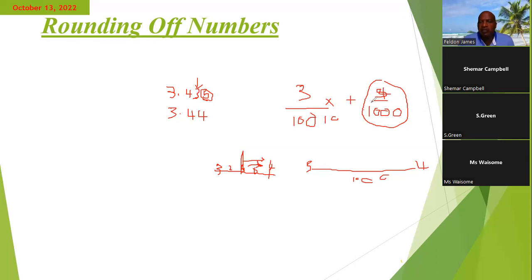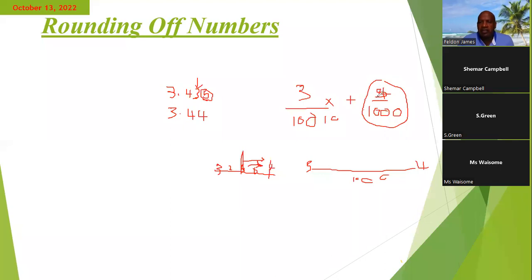The lesser the numerator is, the more, because when it goes to 10, it is close to 1. But when it goes less than 5, we are saying that it is closer to 0. So when it is 5, halfway, we take halfway to be closer to 10. But less than 5, we say it's closer to 0.